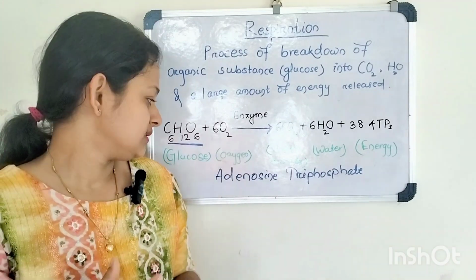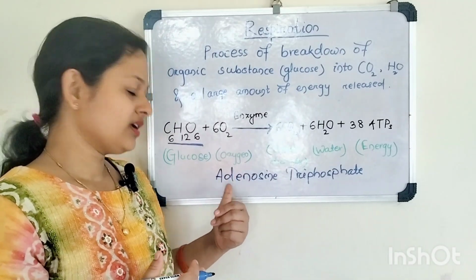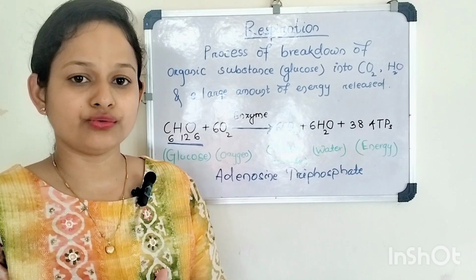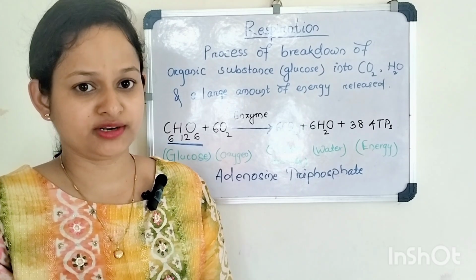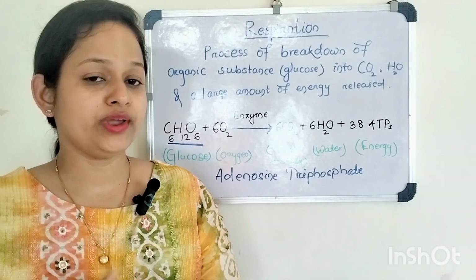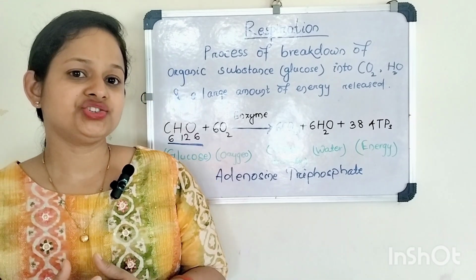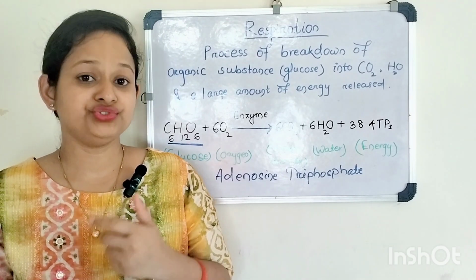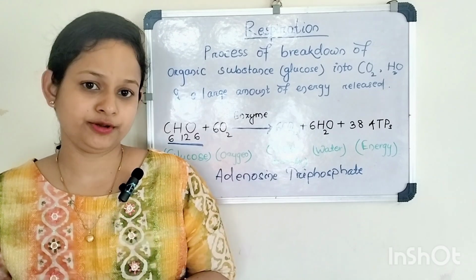ATP is a triphosphate of the nucleotide adenosine, and when the energy is released through the process of respiration, it is converted into the usable form, that is ATP.